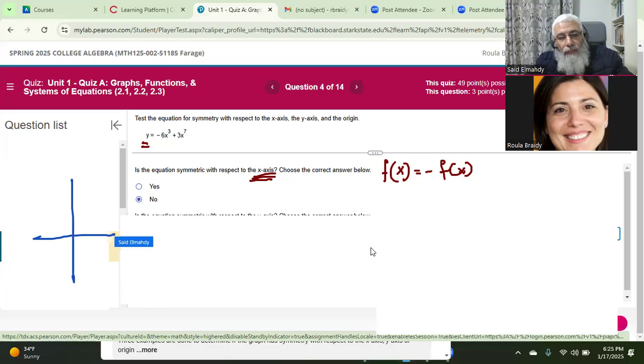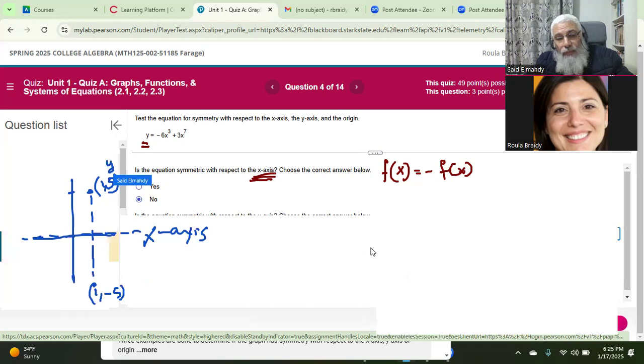Let's say this is the x-axis, correct? If something is symmetric to the x-axis, if this point is at, let's say, 1, 5, the image point should be at 1 and negative 5, correct? So what happens here? y is now negative y.